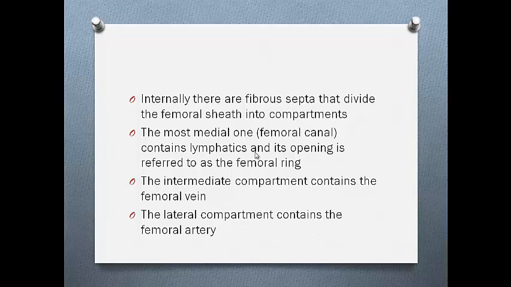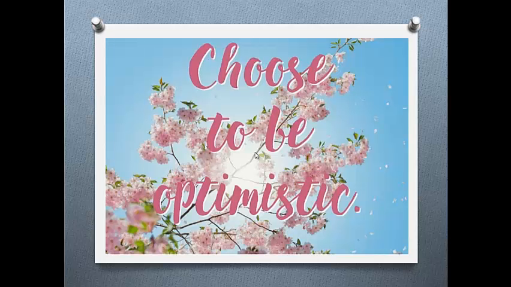And remember that the femoral nerve is found outside the femoral sheath completely. Okay, so those are the major points that you need to remember about the femoral triangle. Make sure that you know where the femoral triangle is found, what the boundaries are, and that you can list the contents of the femoral triangle from medial to lateral.